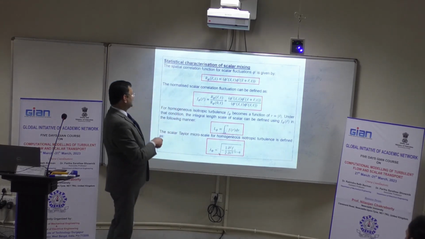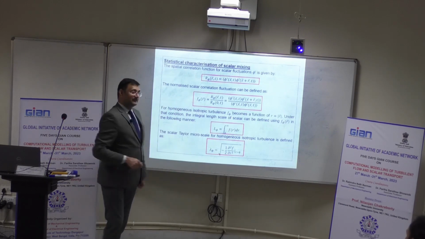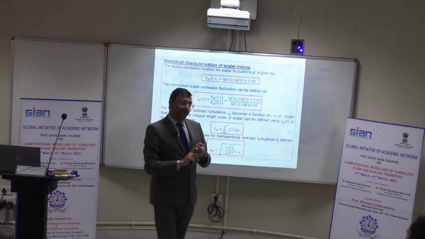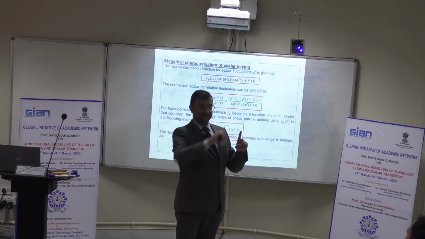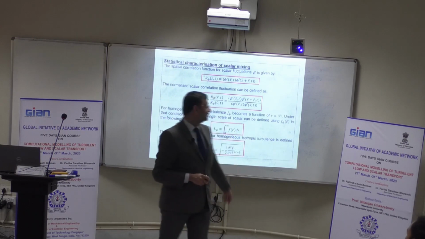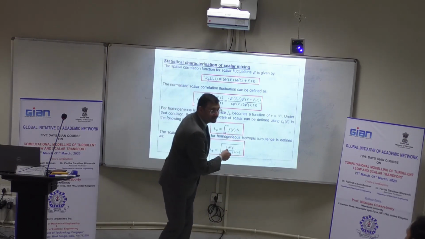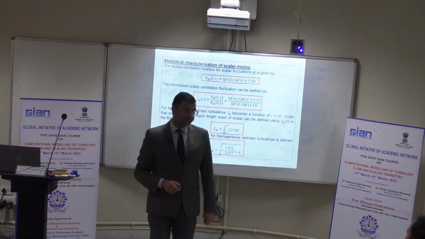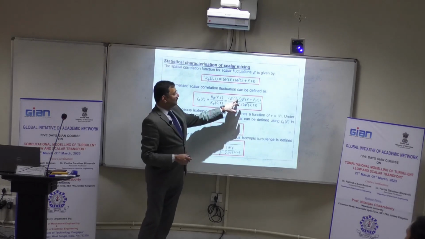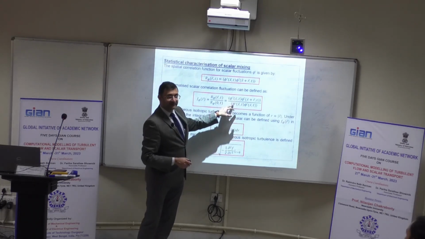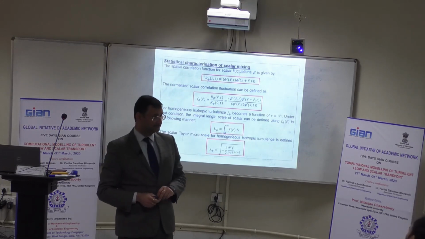For homogeneous isotropic turbulence, now isotropic means everything is identical in all three directions. So it really does not depend on the direction anymore, it depends only on the magnitude. Homogeneous means it is independent of x. Wherever I actually evaluate, I'll get the same value. Okay.